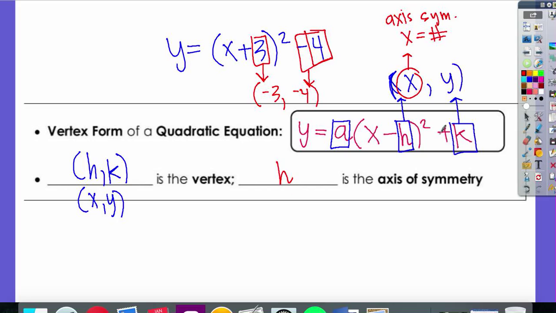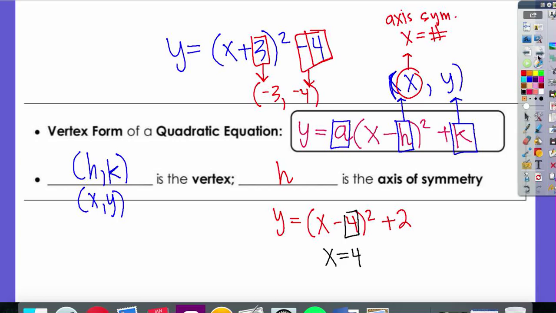So once again, if we had a formula y equals (x minus 4) squared plus 2, when we're trying to pull out the number for the axis, we've got to remember that it's just this 4 because the minus is a part of the form. So the axis of symmetry of this quadratic equation would be x equals positive 4. That's the line that's cutting this parabola in half. Again, if it had been a positive number here, I would have had to pull out the negative because I knew that that double negative is what made it positive.